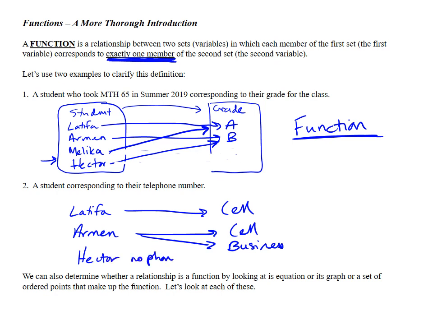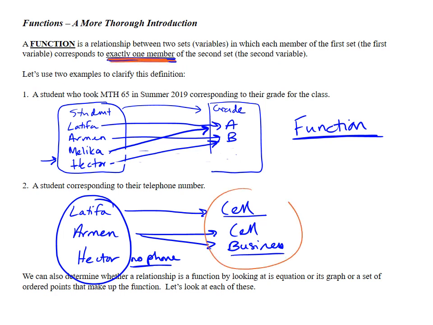So he doesn't correspond to anybody. So what we have here is students corresponding to one, two, or no phones. And remember, to be a function, each student needs to correspond to exactly one of the second set. And what we have is people corresponding to more than one or even nothing in the second set. So that's why a student corresponding to their telephone number would not be a function.